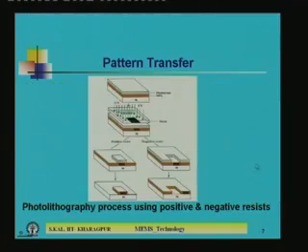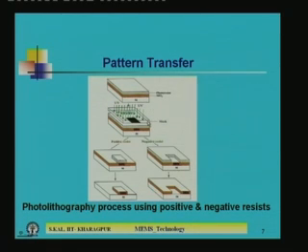Now, this is a pictorial diagram using both positive and negative photoresist to get the pattern from mask level to the wafer level. So, here you can see the first is the silicon wafer, on top of that silicon dioxide, and on top of the silicon dioxide we have coated photoresist. Now, this is the photoresist, then silicon dioxide, and the bottom is silicon.